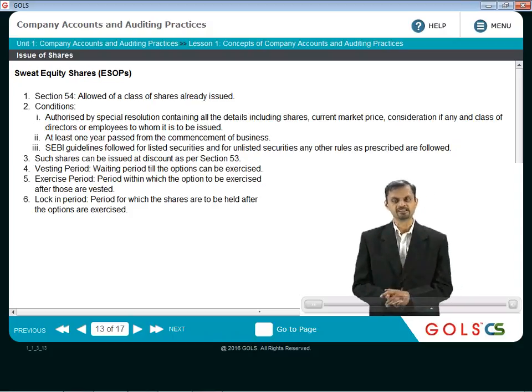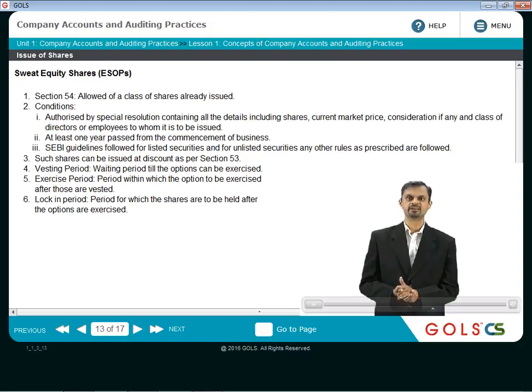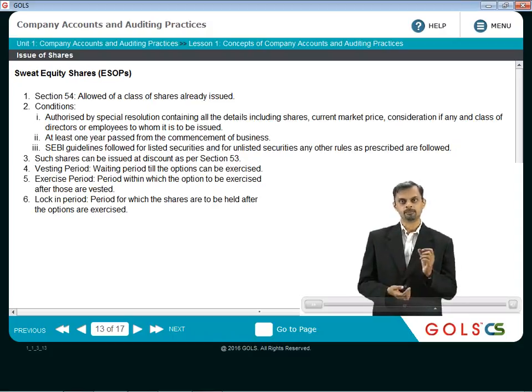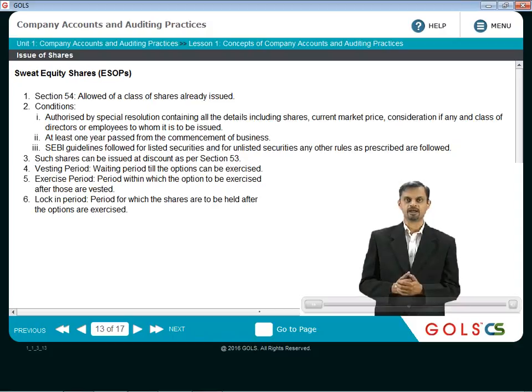Then there is something called the exercise period. The exercise period is the period within which the option is to be exercised after it has vested. So 1 year has passed, so now the employees are eligible to exercise the option. Then the company puts a condition, for example, that after 1 year has passed, the exercising of the options should happen within the next 2 months.